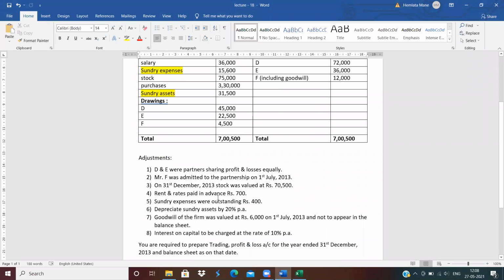Paid in advance means prepaid. All of you know paid in advance means prepaid. And what will be the two effects of prepaid? First, P&L account, less from the P&L account debit side. Whatever expense, less from rent and rates. Second effect is on the asset side. So less this amount, 700 rupees.